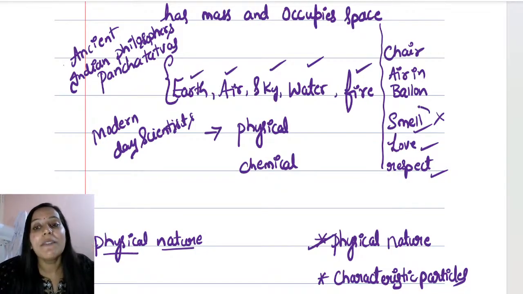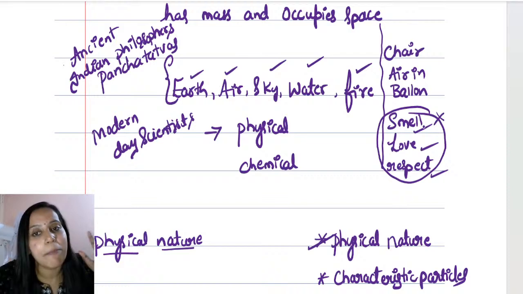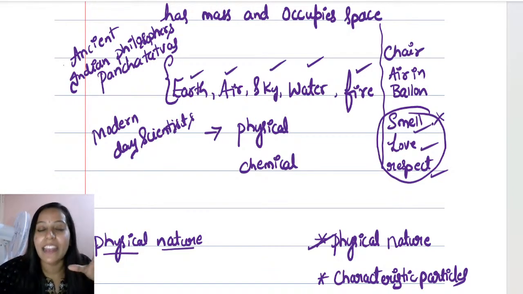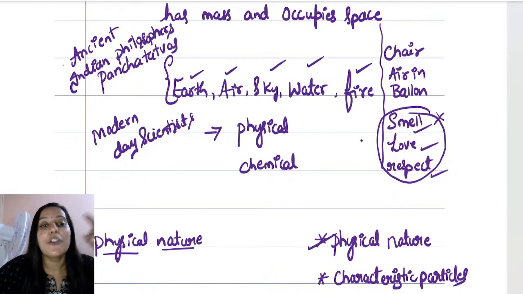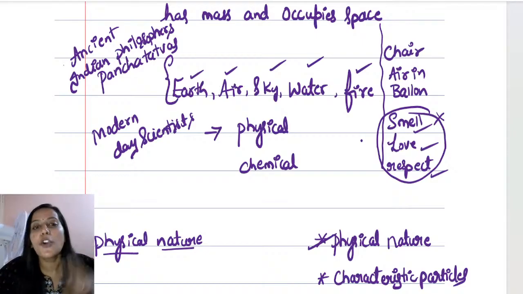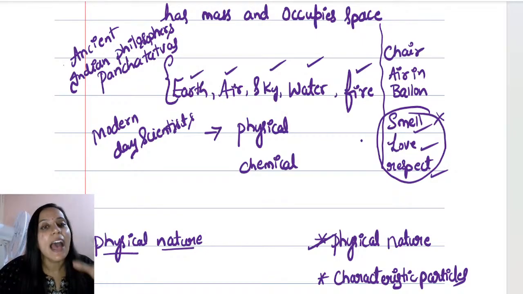Something which is not occupying space and mass cannot be considered as matter, children. I hope you got a clear idea of what we can consider as matter and what we cannot. Your thoughts and your feelings cannot be considered as matter. But any kind of material, whether smaller or bigger, if it is occupying space and if it is having mass, definitely it is called matter.